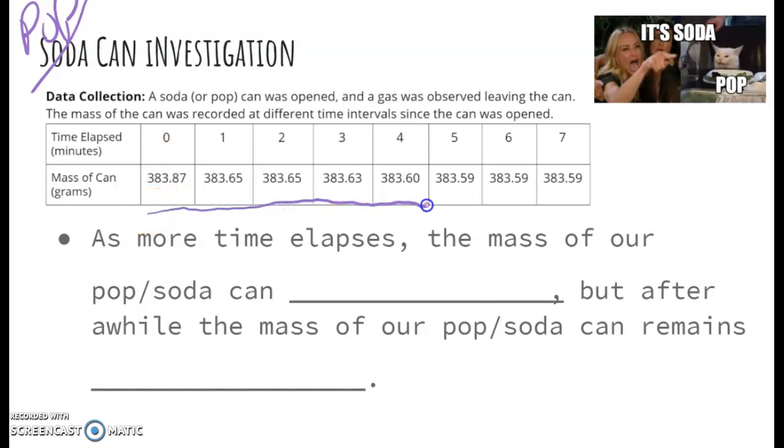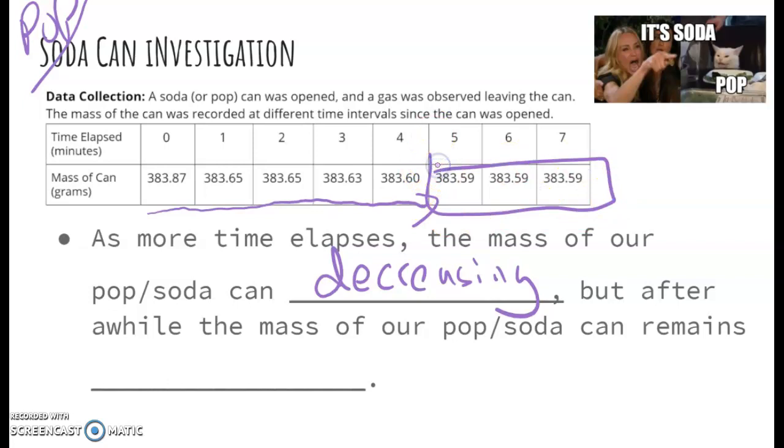So looking from here to here, we can see that the mass of our can is decreasing, right? So our mass is decreasing, but wait, after a while, it is stabilizing. So it's remaining constant after a while. So that just means staying the same, right? So our mass after a while just stays the same.